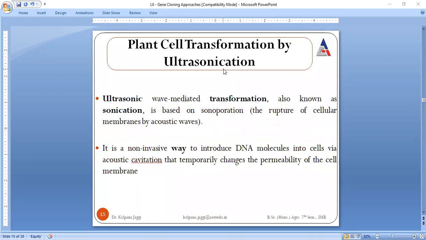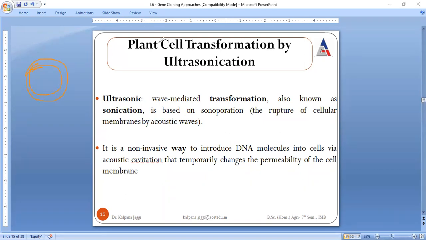Here we are producing high sound waves, and in sonication, say this is the cell, and the cell is surrounded by the cell wall, and the cell wall does not allow anything to enter inside easily.